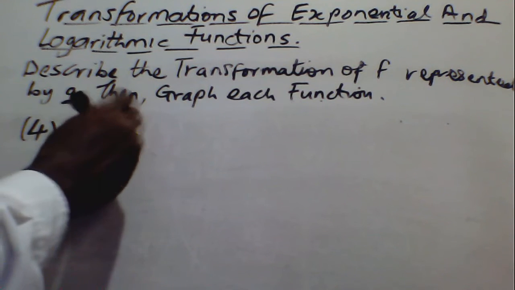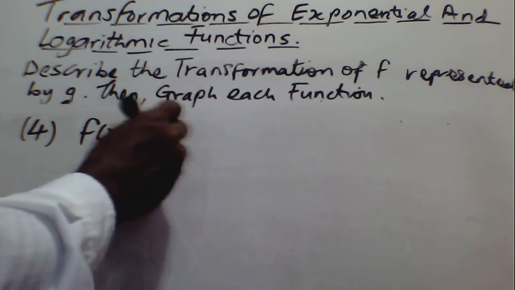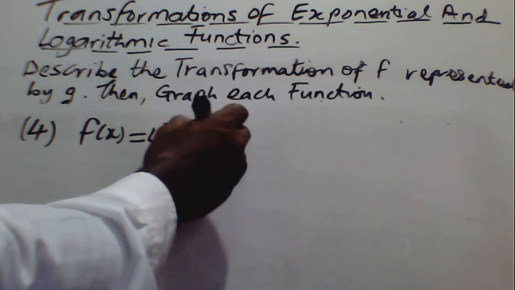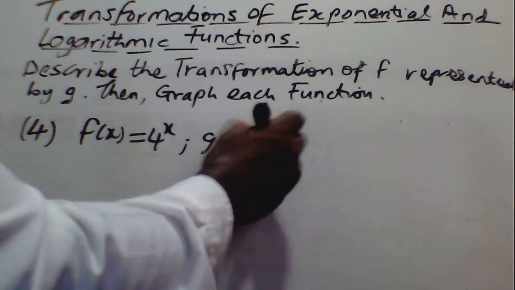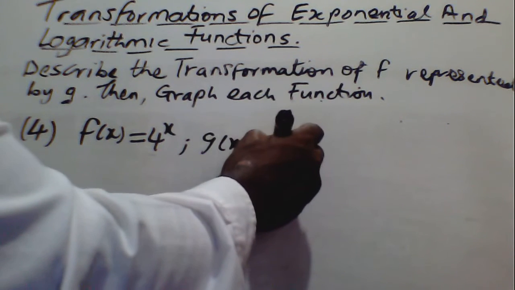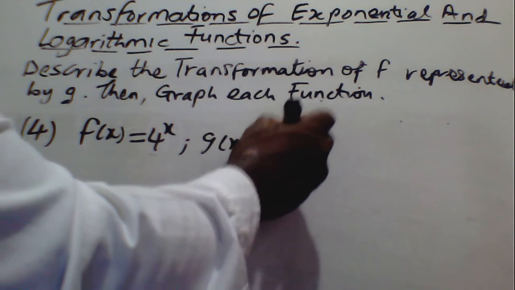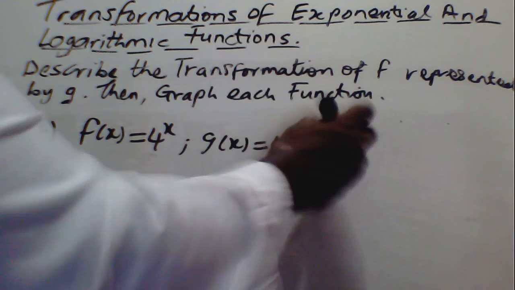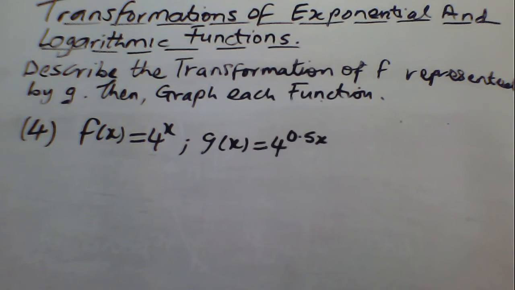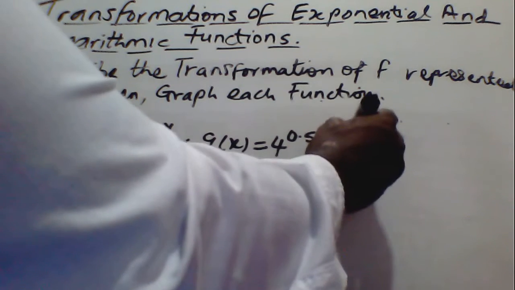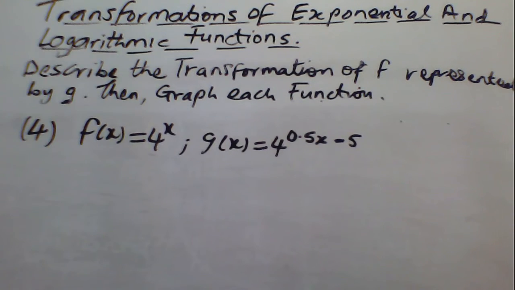What if you are given f of x equals 4 raised to power x, and g of x is equal to 4 to the power of 0.5x minus 5. So this is what we are given to describe and plot the graph.